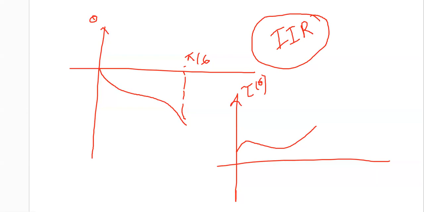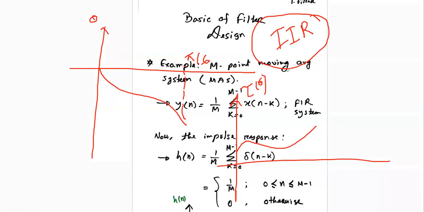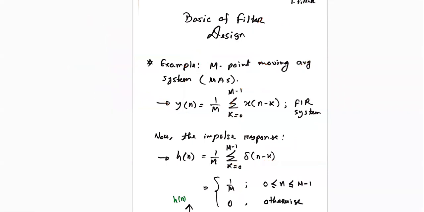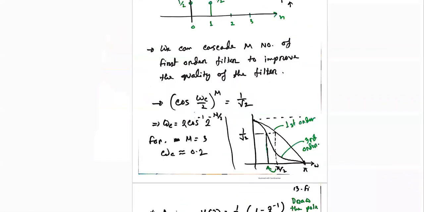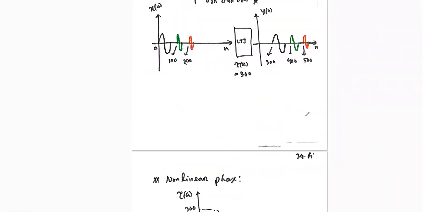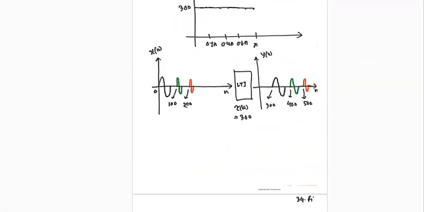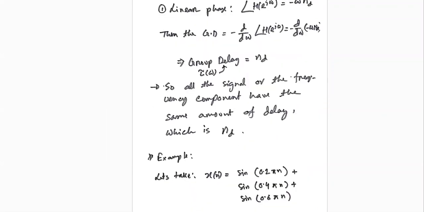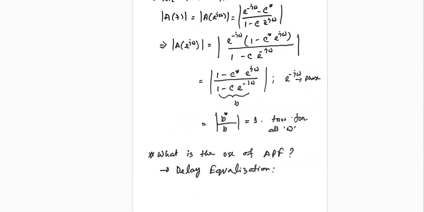Let me choose another lecture, filter design. And this is actually designed for other sections or other classes. Let me give you some idea on this because this is very important to understand the group delay concept.